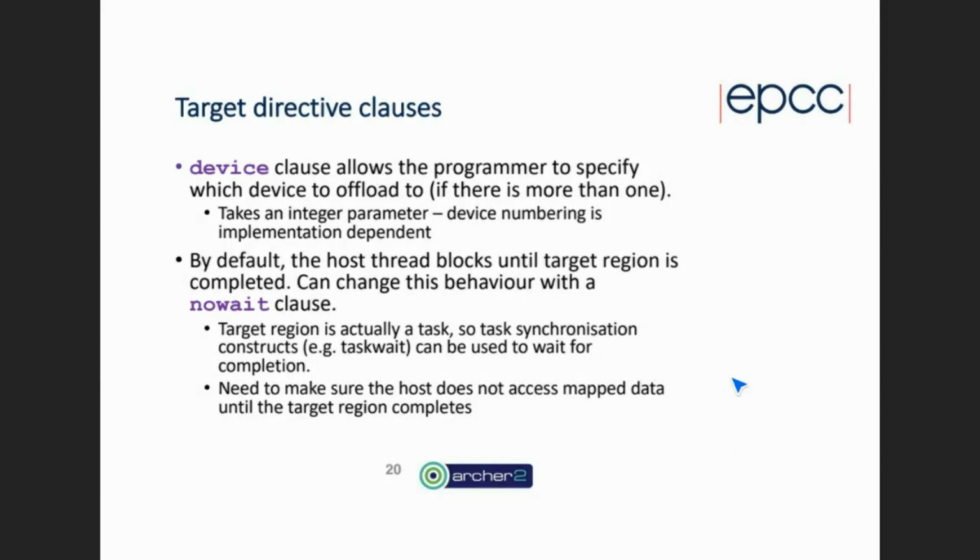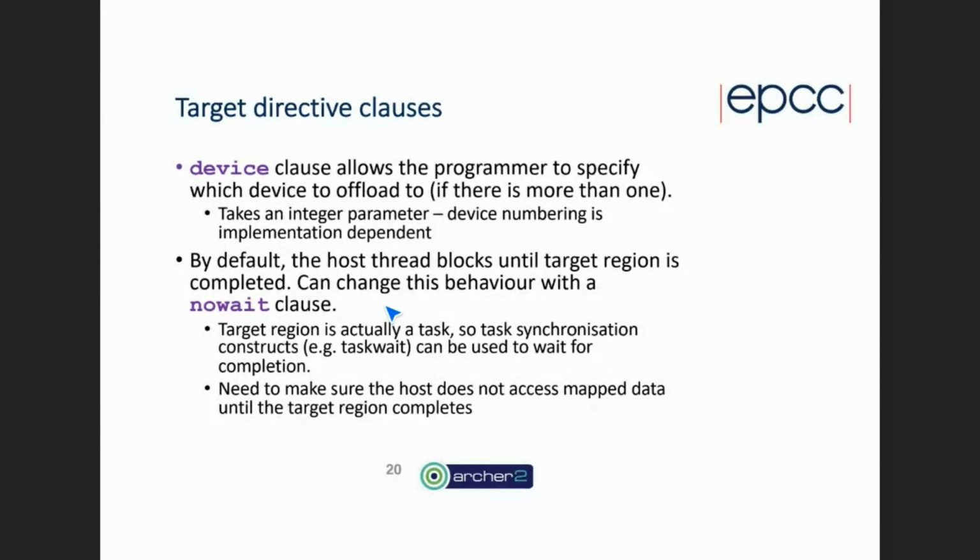As I said before, by default, the host thread will block until the target region is completed. You can change that behavior by putting a nowait clause on the target, in which case the host will do the offload and then carry on executing.